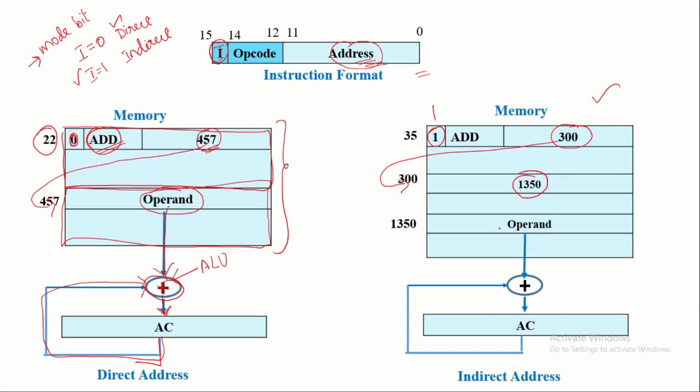So what is the effective address? The address where the operand is actually stored is known as the effective address. So when the processor goes to this address, it can find the effective address. If it goes to that effective address, it can find the operand. Then by taking one operand from the accumulator and one operand from the memory, the addition operation can be performed and the result is stored back into the accumulator.